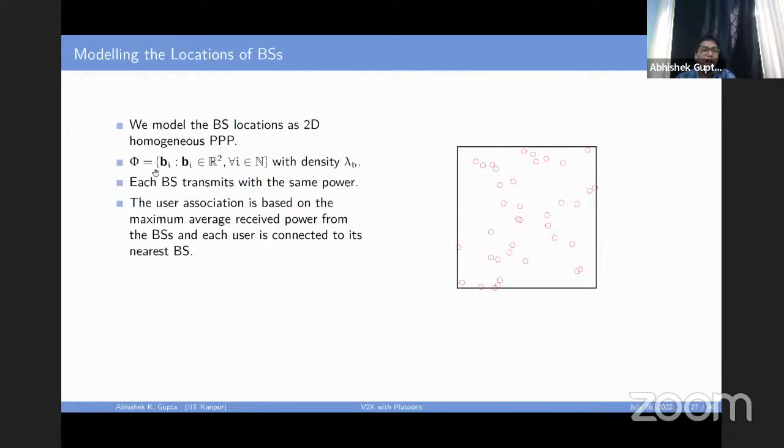Each base station is BI, and see, this is a cellular network. So a user associates with a particular base station, right? And that base station association may depend on some criteria. For example, the user can choose the base station which has the maximum average receive power, and then it connects to that base station. Okay, so each user basically connects to the nearest base station, and once you have this kind of association, you can think that the overall area will be divided into small regions, right?